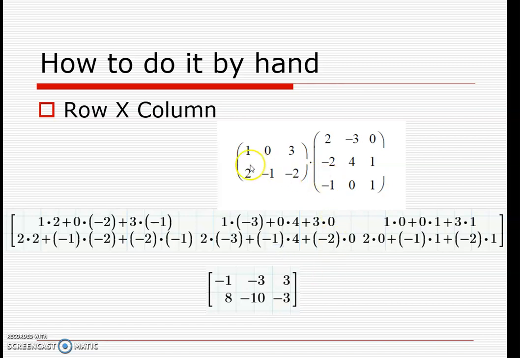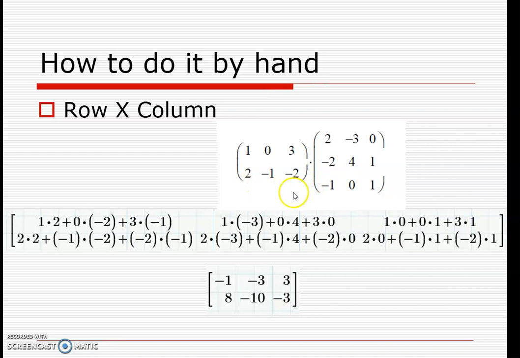Here it is. So you're going to go 1 times 2, 0 times minus 2, 3 times minus 1, and then you're going to go to the next column. 1 times a minus 3, 0 times 4, 3 times 0. Then we take the same row, next column. 1 times 0, 0 times 1, 3 times 1. And so that'll give us 3 numbers in the first row.